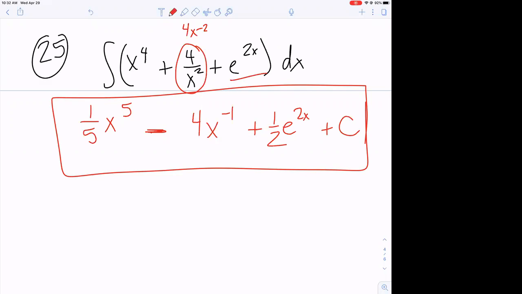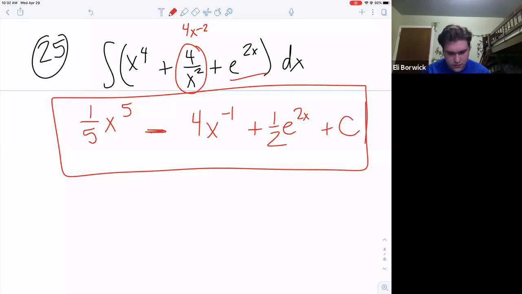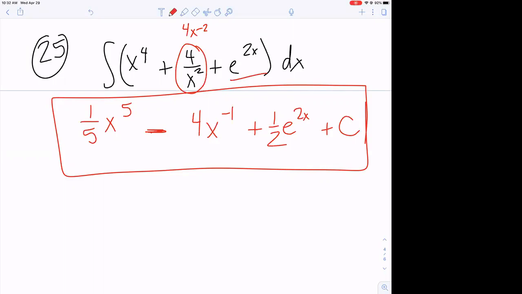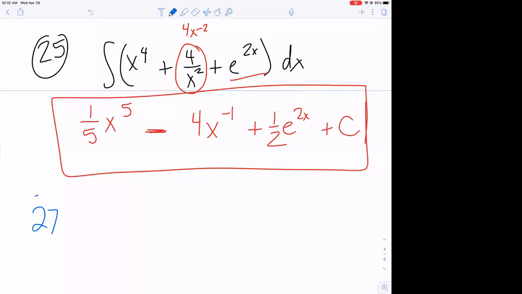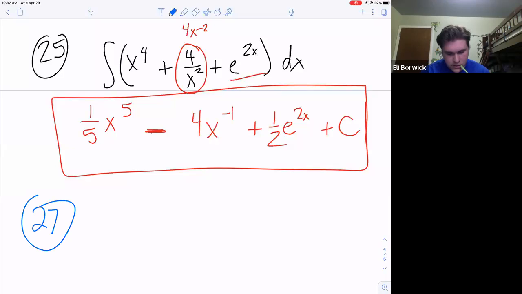The good news is everyone, 27 I should have cut out because I don't have you guys do a slope field. Nice. So we'll go on to 26, and because I didn't actually give you the graph with which to do that, that would be a problem.